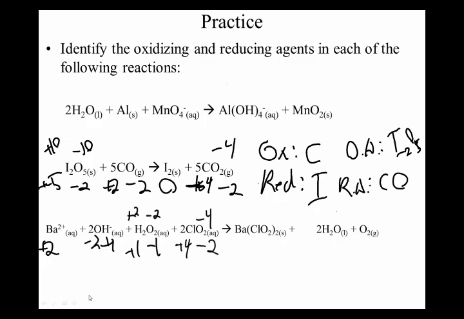Okay, over here, barium still is +2. Now in here we have ClO2-, so the polyatomic ion has to add up to be -1. So -2 means -4, right? So chlorine has to be plus what to make it be -1? Only +3. Over here, H2O, same as it ever was. And then oxygen is 0.